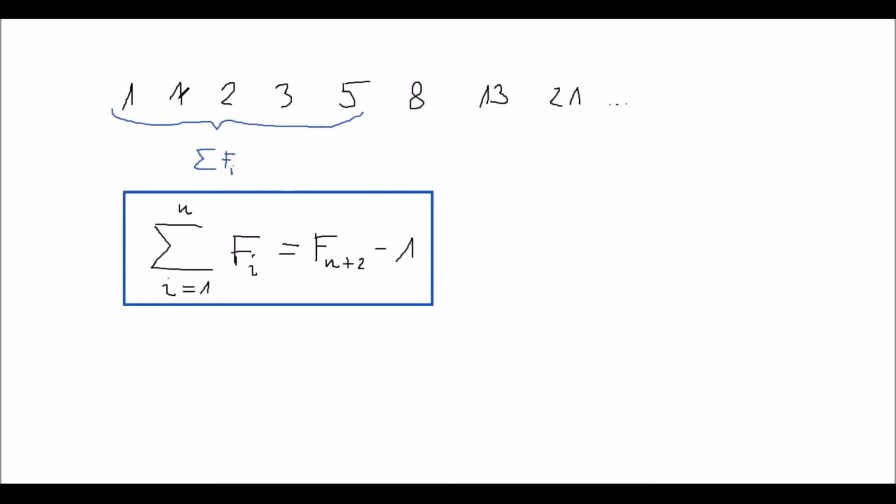For example, this is now the sum of the first 5 Fibonacci numbers, and by this identity this is equal to 13 minus 1. That's 12, 1 less than 13.